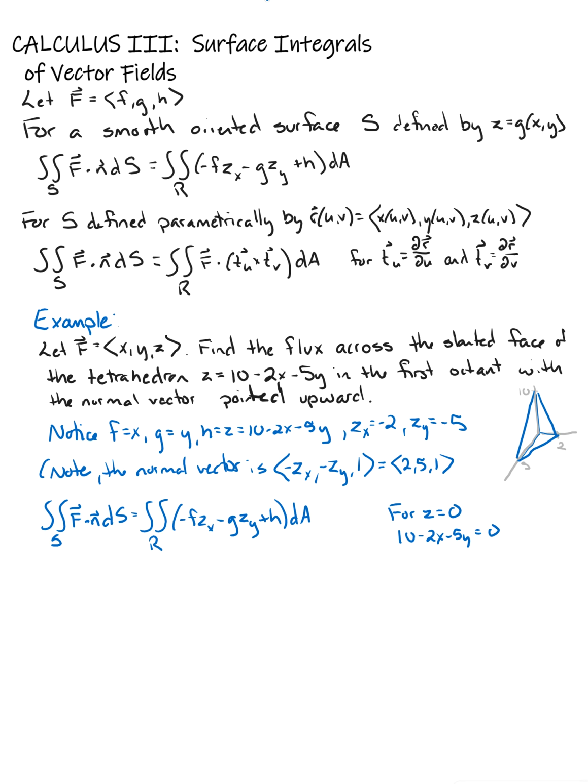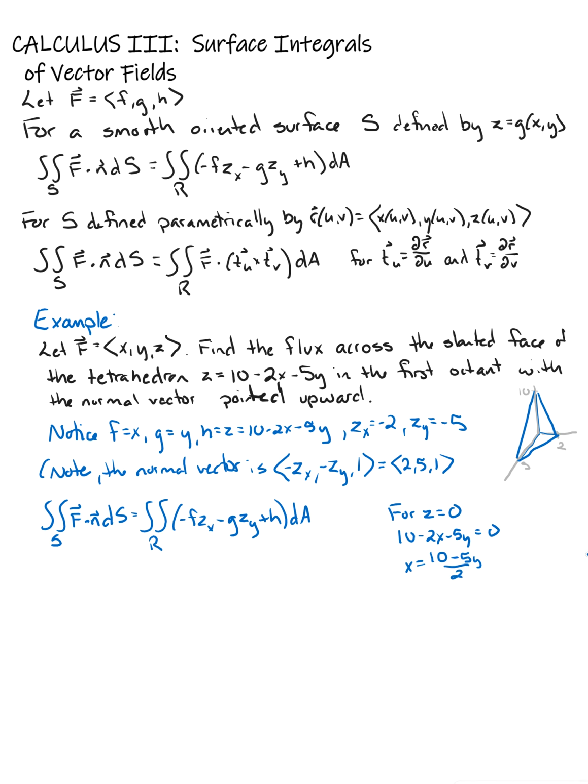And we could solve for either one of those. I'm going to go ahead and solve for x. Solving for x gives us, watch those negatives, 10 minus 5y divided by 2.